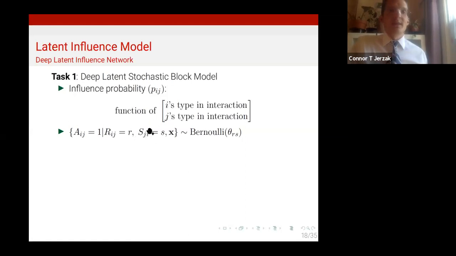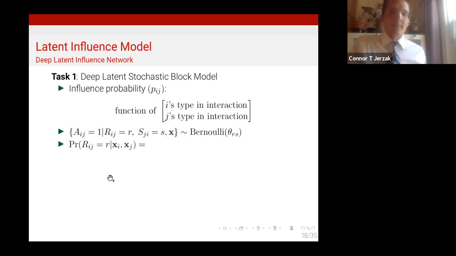In addition, we can think about the sender type for unit J. Unit J is sending influence to unit I, and there's a specific latent class associated with that sending dynamic as well. Conditional on the sending and receiving type, the probability of this influence being set to 1, the probability that J influences I, is going to be drawn from a Bernoulli distribution with a particular parameter.